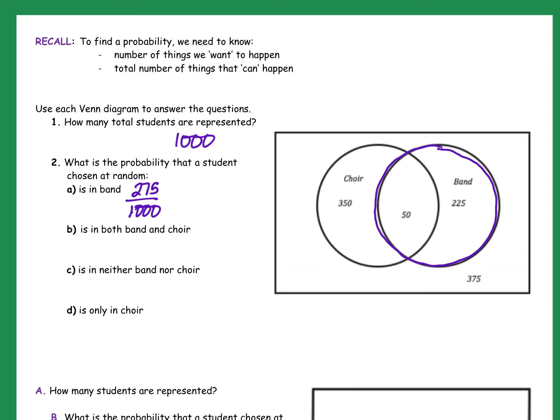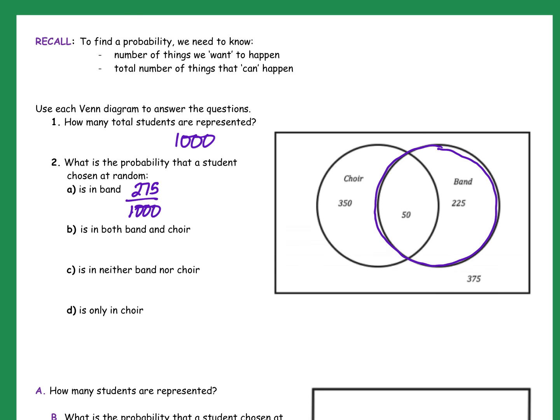It's everybody in the band circle. Okay, right? Now remember, on your homework, sometimes the answer is given as a fraction, sometimes as a decimal, and I didn't do it as a percent, so it's either a fraction or a decimal.